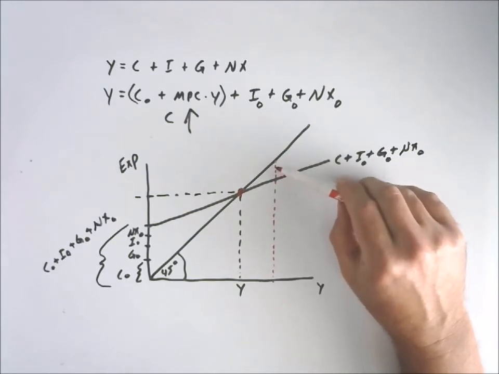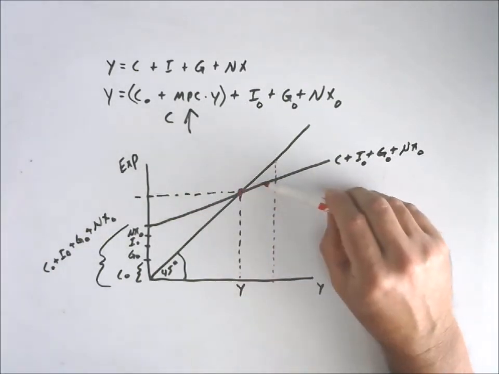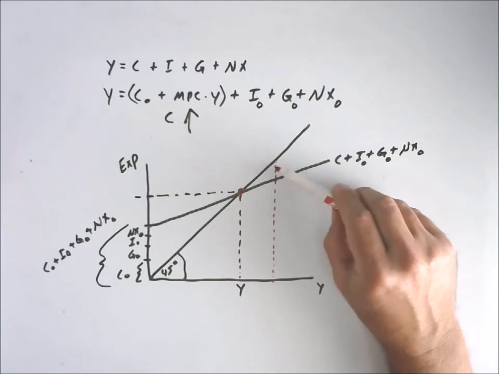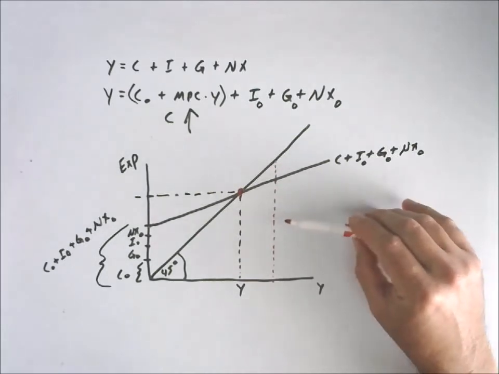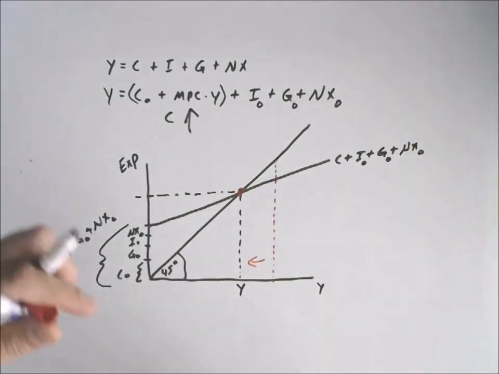Firms are going to be sitting on a lot of inventory. In other words, the economy isn't spending as much overall as firms assumed it would. So firms are sitting on a lot of inventory, firms are going to back up production, and GDP is going to fall.